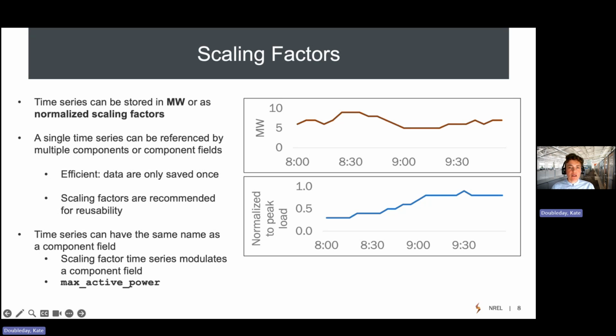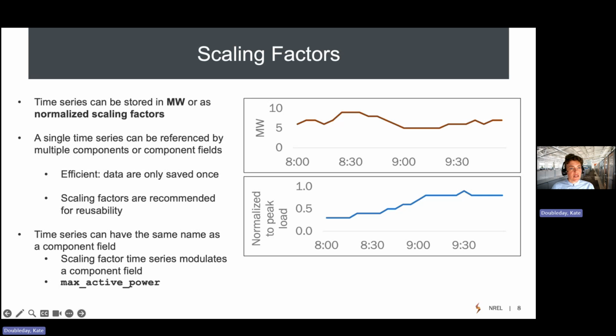By linking those 2 fields when you're defining the time series, the scaling factor time series modulates that component field. A very common name that you'll see reused is max active power. A component like a load can have a parameter, max active power, which might be 10 megawatts. And you can also define a max active power time series scaled between 0 and 1 that will then describe that behavior scaled to 10 megawatts over time.